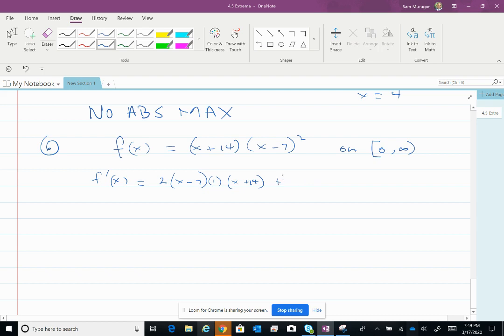And then write this function here, which is x minus 7 squared, times the derivative of this, which is 1. So x minus 7 squared, you can FOIL that out. That's x squared minus 14x plus 49, times the derivative of this first function, which is 1.